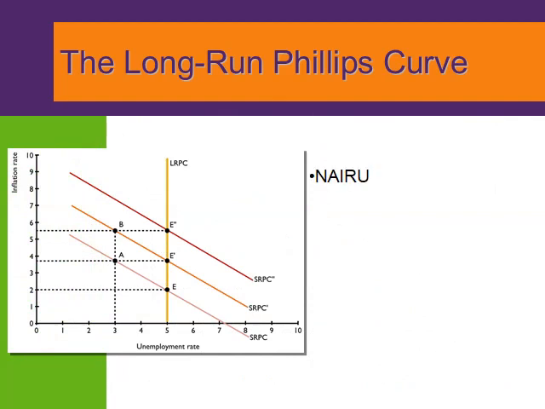So NAIRU is that acronym for the non-accelerating inflation rate of unemployment. You probably will see it as natural rate of unemployment, so it's not essential for you to memorize this acronym. And the long-run Phillips curve at the 5% or natural rate of unemployment.